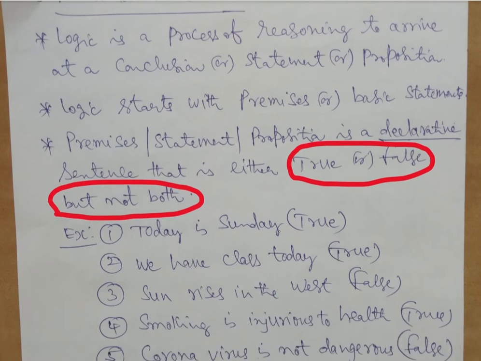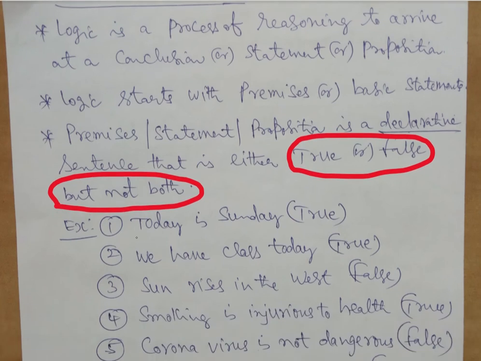For example, let us say, today is a Sunday. Is there any truth here? If it is Sunday, we say true. If it is not Sunday, we say false. As we speak, today is, let us say, Thursday, but I have given the statement, today is Sunday. Is it true? No, so I will say it is false. So I can say it is either true or false, and then I can say it is a statement or a proposition.